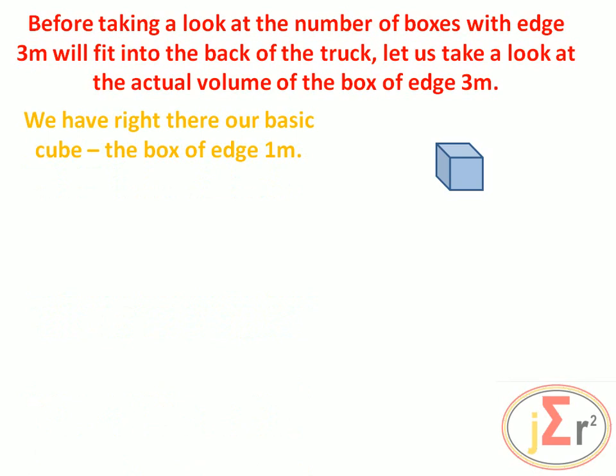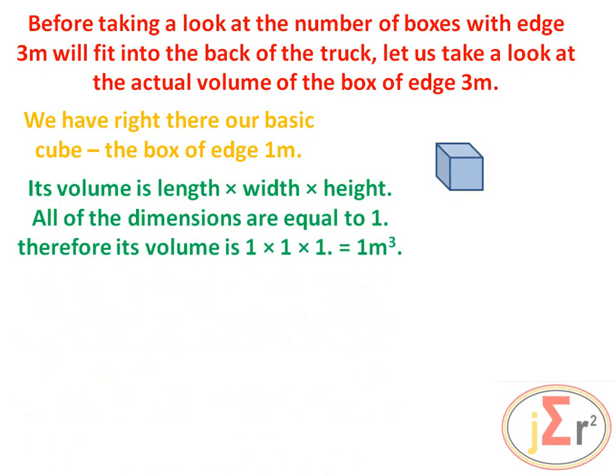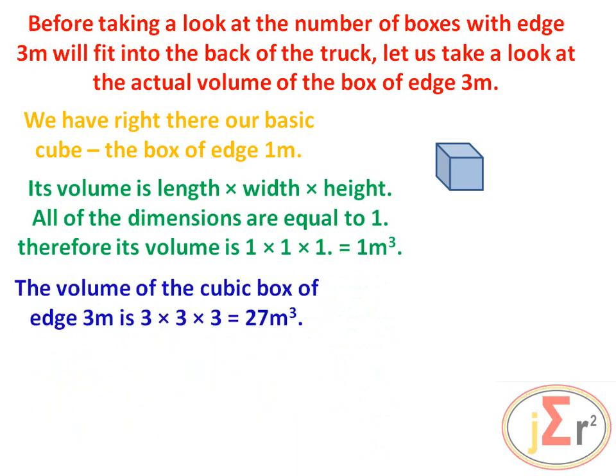So we have right there our basic cube, the box of edge 1 meter, and we know its volume. We discussed that before. The volume of the cubic box of edge 3 meters is 3 times 3 times 3, which is equal to 27 cubic meters.